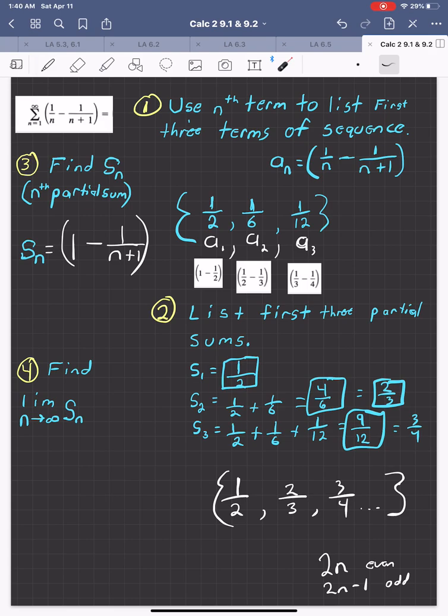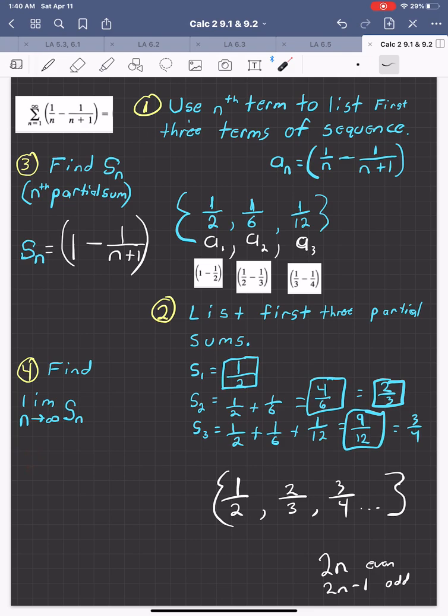In other words, what if I were to plug a 1 in here? That would be 1 minus 1 over 2, which is 1 minus a half, or a half.